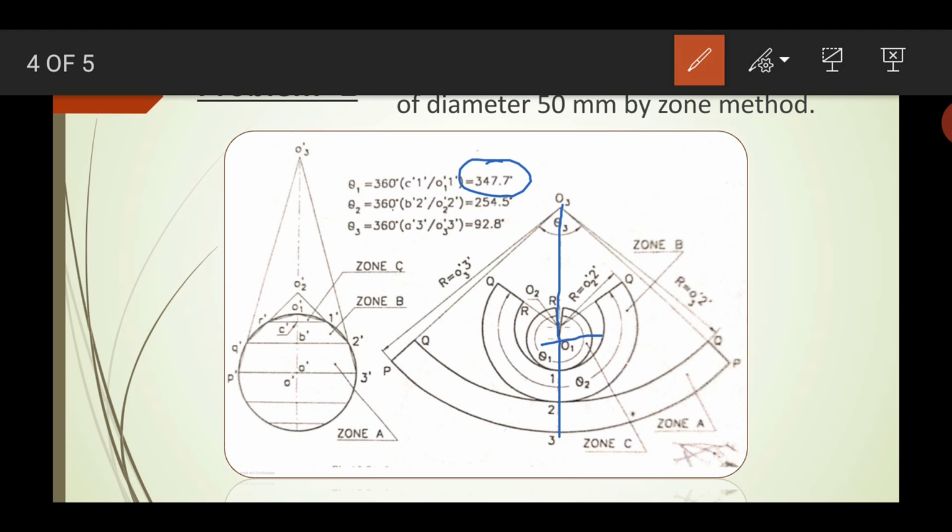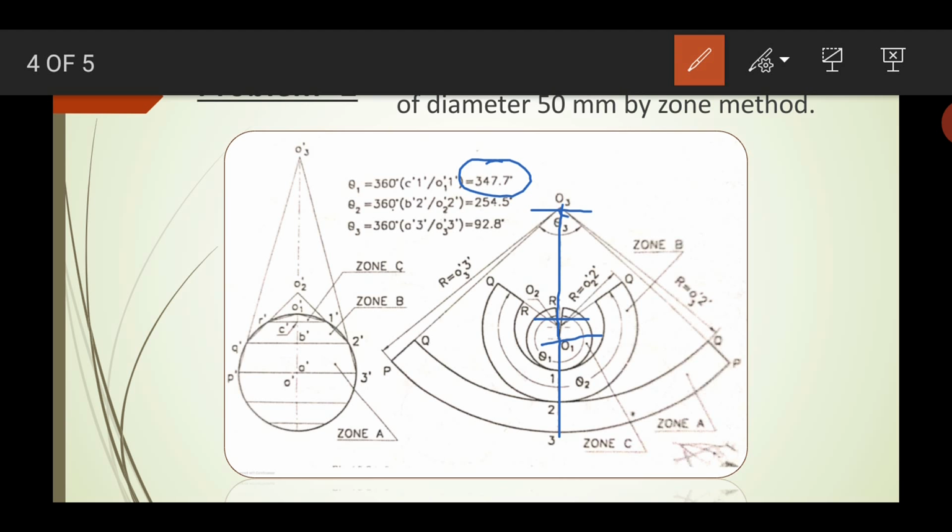O1 here, O2 will be here, and O3 will be here. Then to develop the zone A, as you know, developing zone A is very simple: A with the center O3.